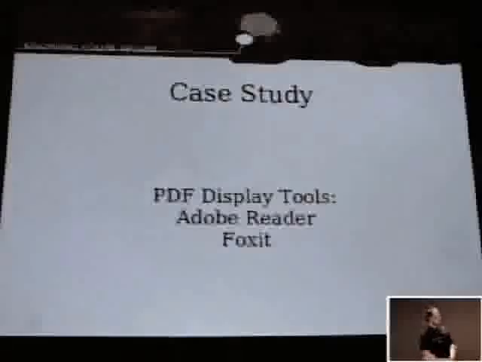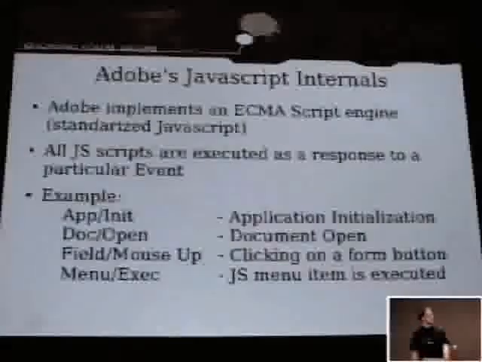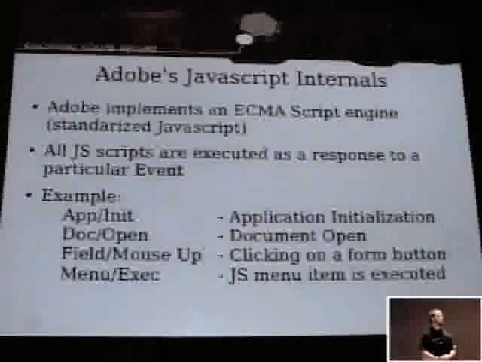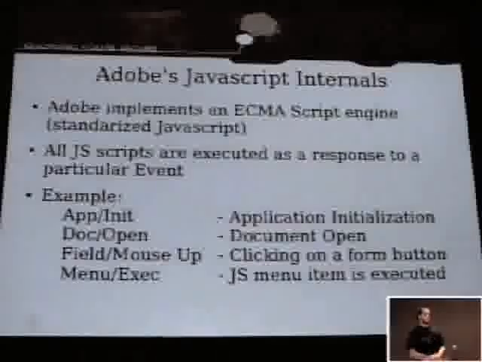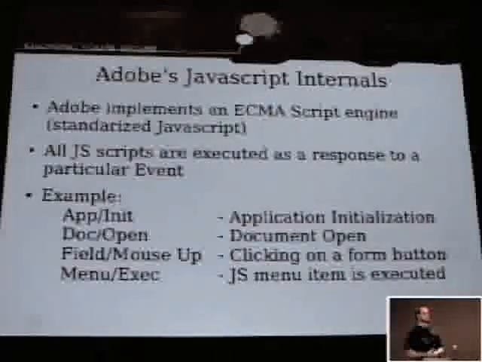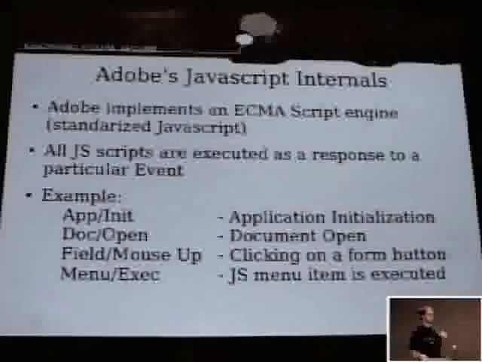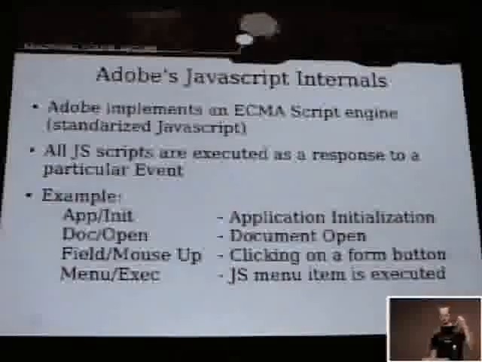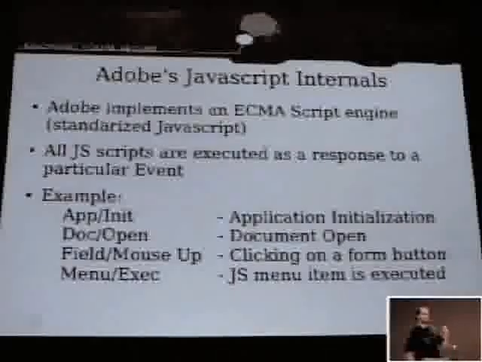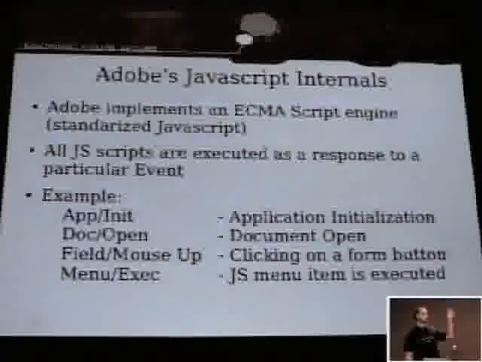So first of all, this case study. Adobe implements an ECMAScript engine, which is a kind of standardized JavaScript engine. Inside Adobe, all the JavaScripts are executed as a response to a particular event. So when you open a document, open a page, or click a button, that's your chance to put in some JavaScript.